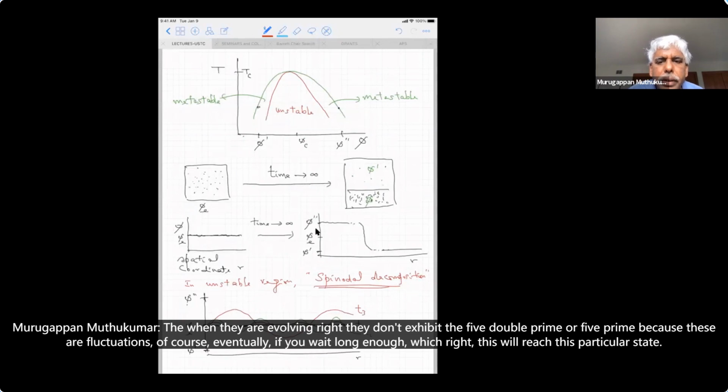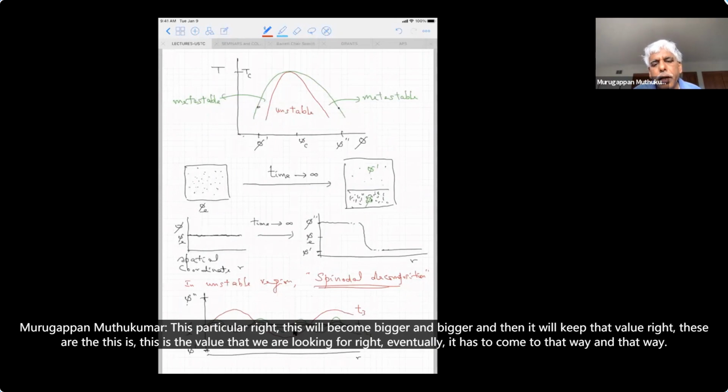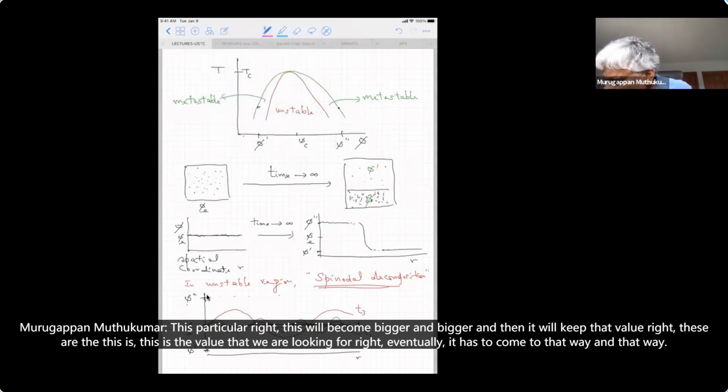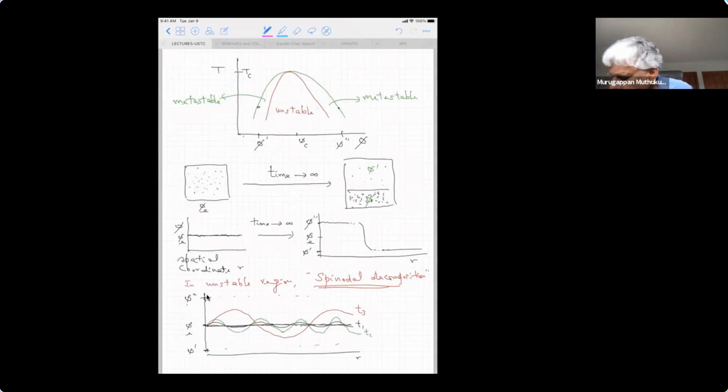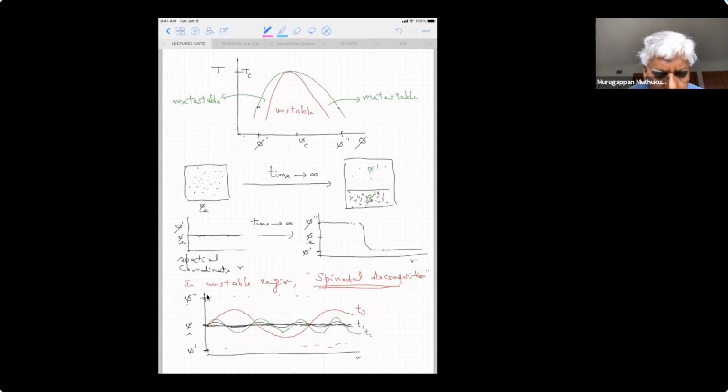They don't exhibit phi double prime or phi prime because these are fluctuations. Of course, eventually, if you wait long enough, this will become bigger and bigger and hit that value, right? These are the values we are looking for. Eventually it has to come to that way and that way. So this is the essential qualitative feature of spinodal decomposition.